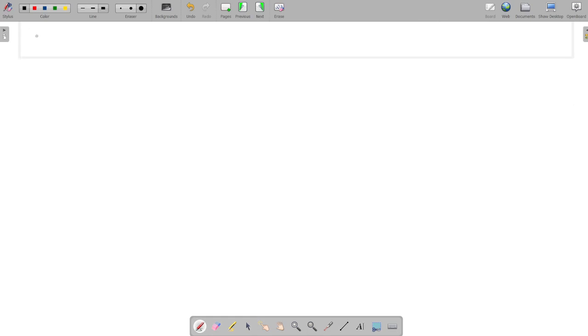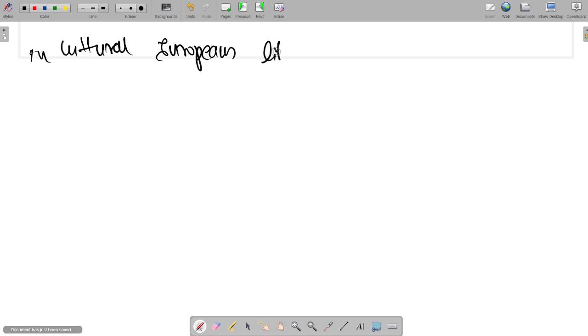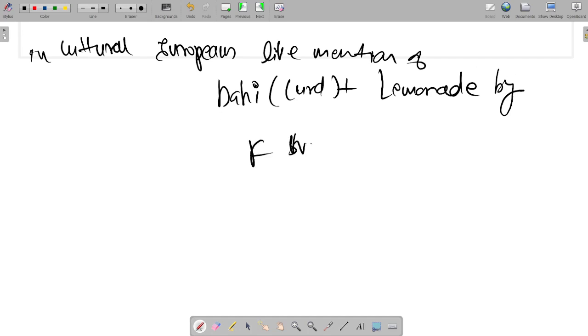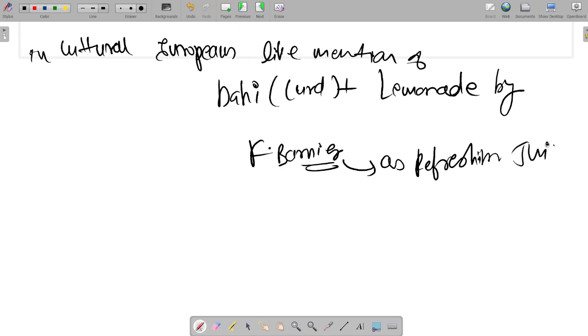The major contributions in cultural and food habits were also done by these Europeans, like mention of dahi, that is curd, plus lemonade by Francois Bernier, as refreshing juices is mentioned.